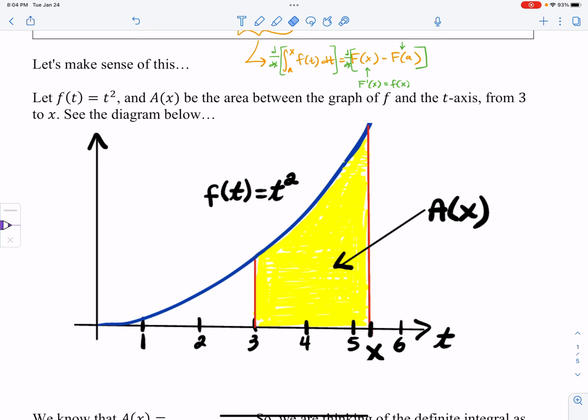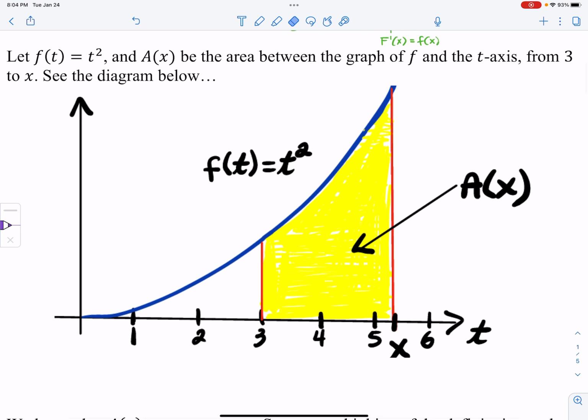Okay, so if we let f of t equal t squared, so that's graphing where our outputs are f of t, our inputs are t, so our horizontal axis is t, and a of x is the area between the graph of f and the t-axis. So a of x is shaded in yellow from 3 to x.